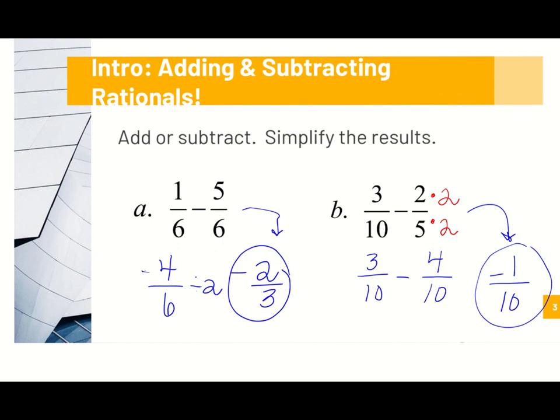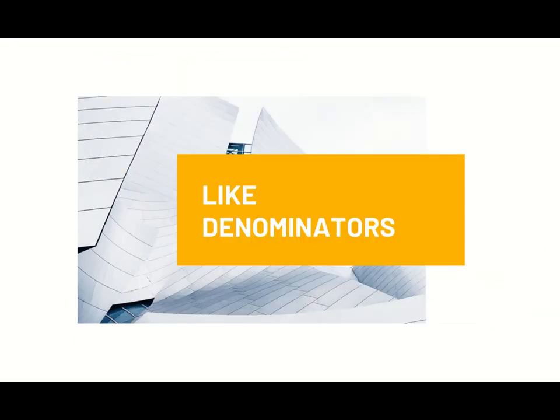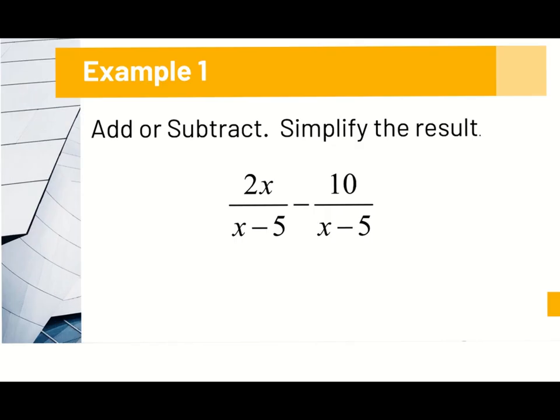So now we're going to look at doing this, but with rationals, with x terms. We're going to start with a couple examples of like denominators before we get into unlike denominators. So if we look here, we have a fraction subtracting a fraction. So we are subtracting two rationals, but they have a common denominator. So x minus 5 is the denominator of both fractions.